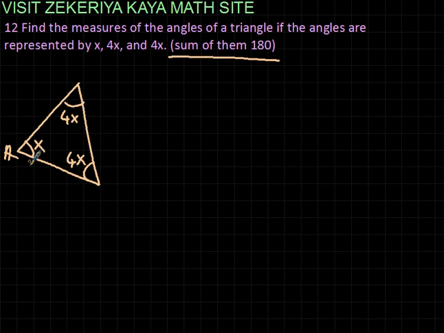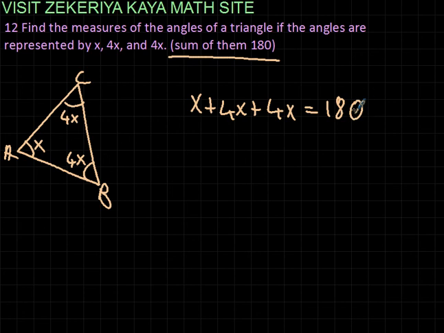Let's make it triangle ABC. What do we know about a triangle? The sum of interior angles must be 180. x plus 4x plus 4x should be equal to 180.